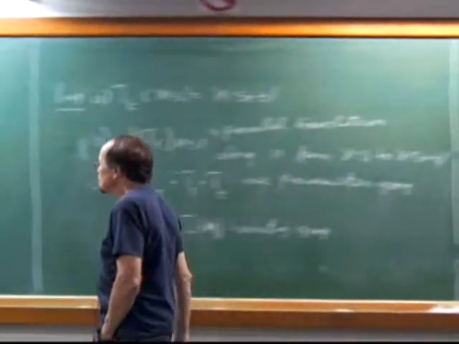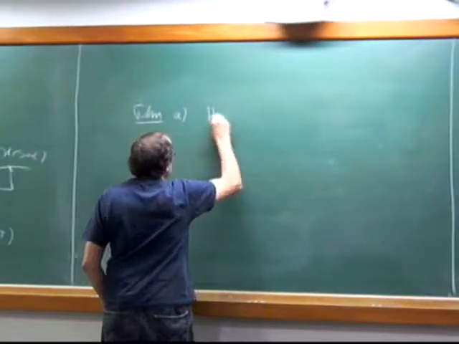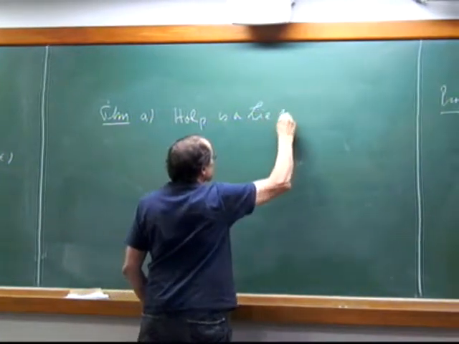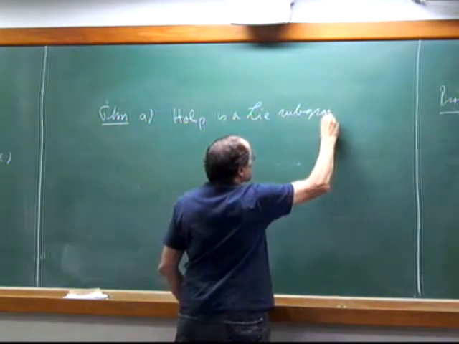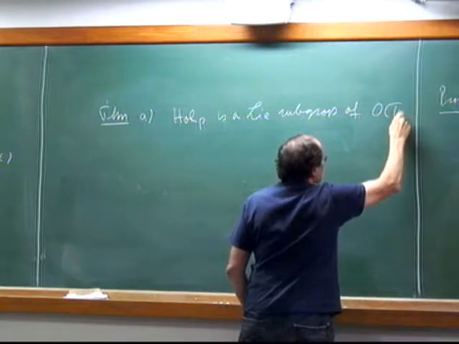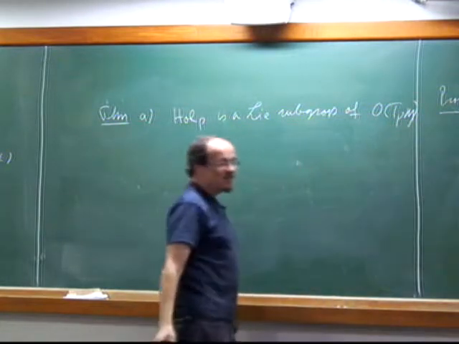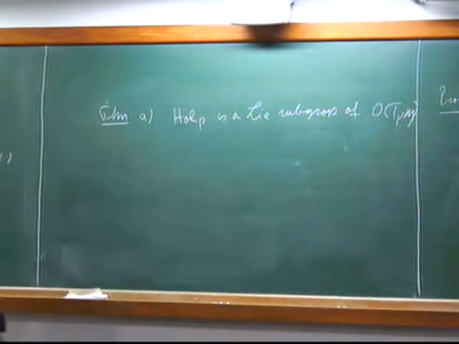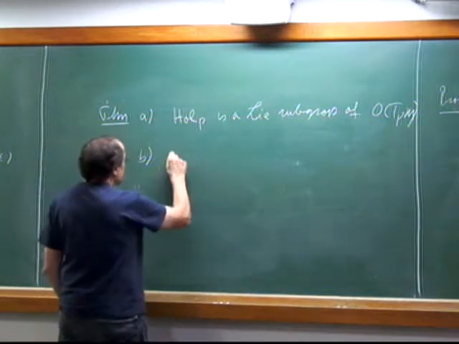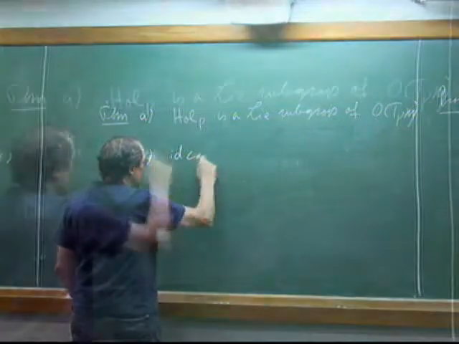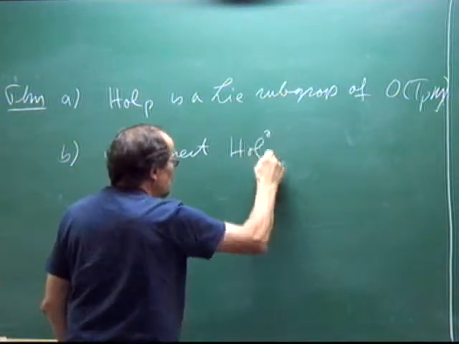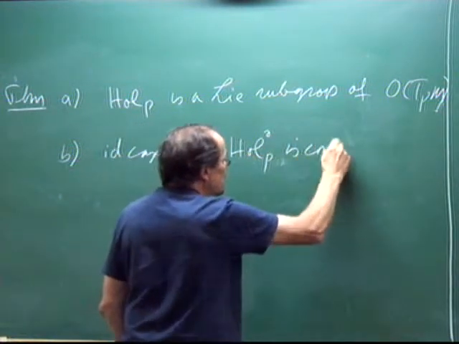That's part A. That's not elementary at all. It's not a closed subgroup in general. Part B says that the identity component, which I'm going to call Hol_P^0, is compact.